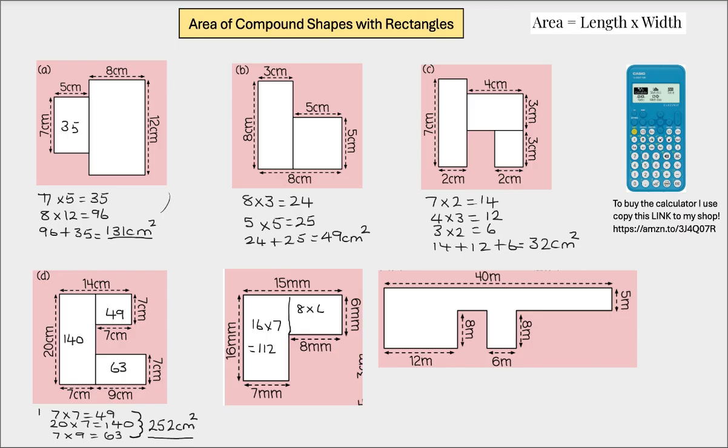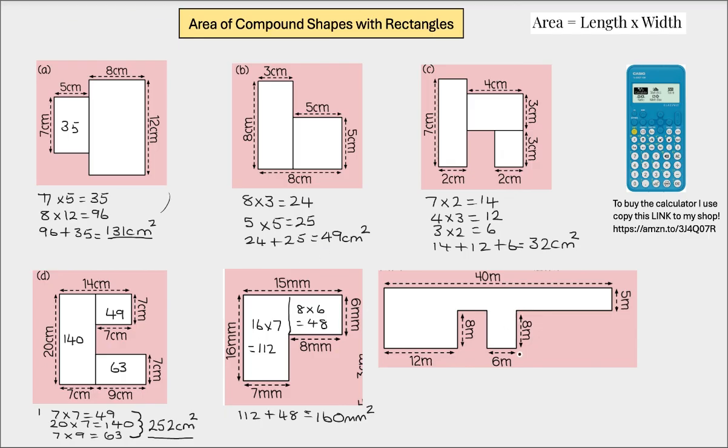Either way, it doesn't matter. Going to get the same answer, which gives you 48. So, as usual, 112 plus 48 leaves us with 160 millimetres squared. So the area is 160 millimetres squared, the whole total of it.